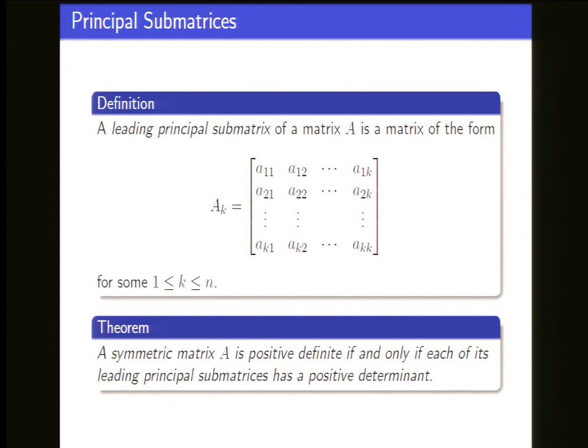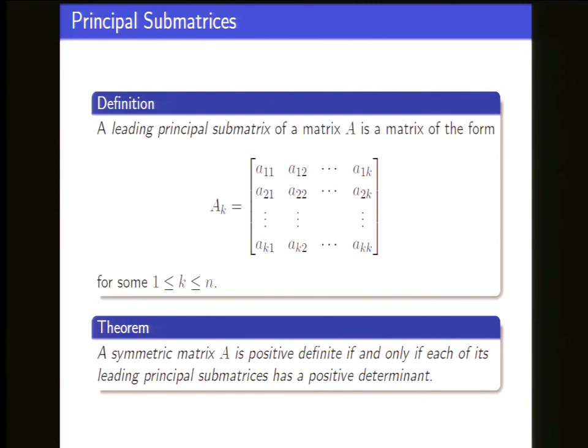These show up in various cases, but one theorem that we're not proving is that symmetric positive definite is equivalent to all of these having positive determinants. Isn't that interesting? So if you want to check that, you just do all of these. The determinant of A1, that's the determinant of the number 4, which is 4.